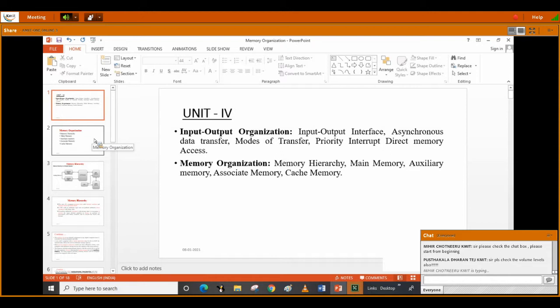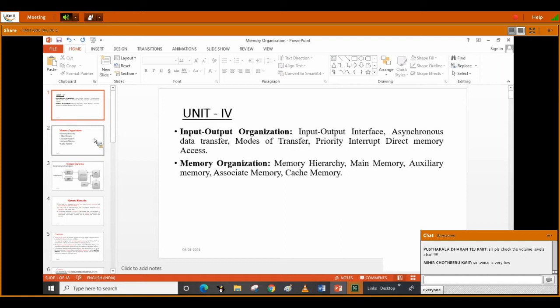Today's class we are going to discuss input output organization. Until now I have been discussing input output organization. What we discussed in the last class was synchronous data transfer, of which there are two types. One is strobe and the other is handshaking protocol.